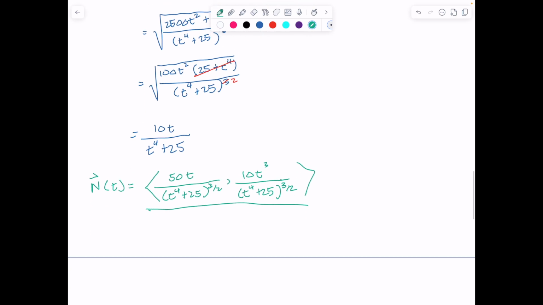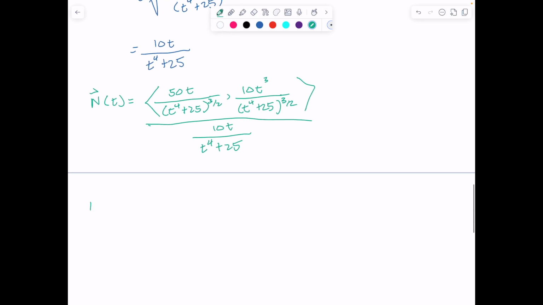And we'll be dividing that by 10t over t to the fourth plus 25. So that will clean up to be, I'm going to invert and multiply. So 50t divided by 10t is 5. And then we'll end up with just the square root of t to the fourth plus 25.